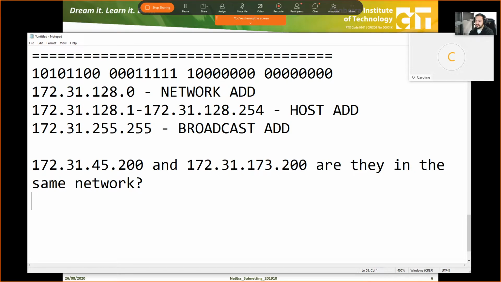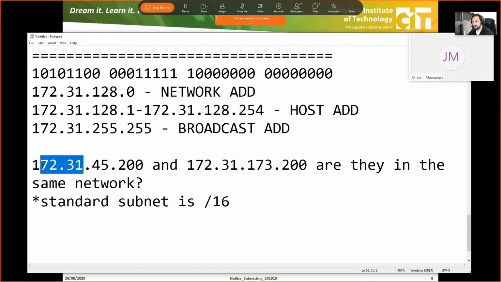So they're the same. Yeah, 255.255.0.0. Yes.